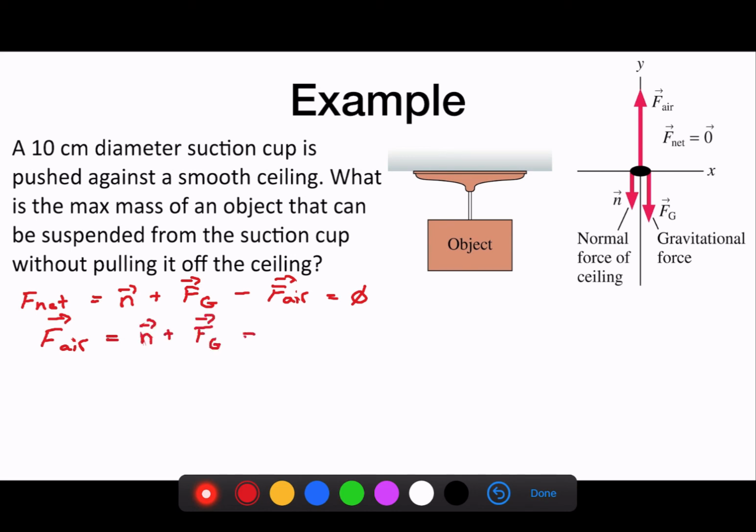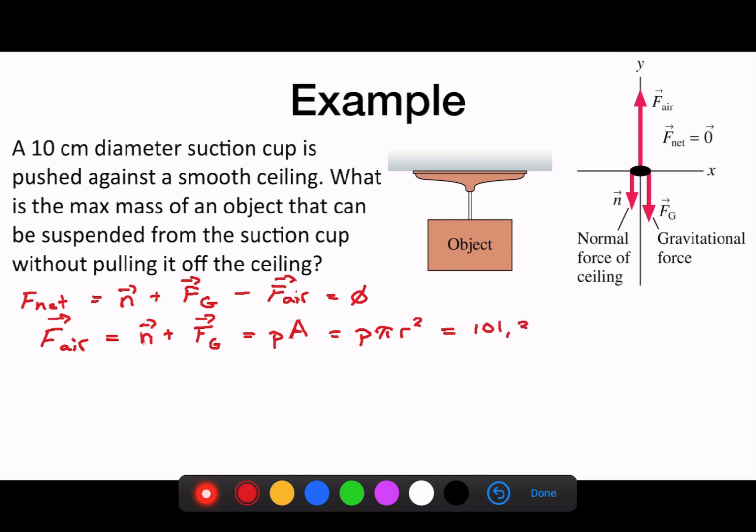That force of the air is equal to the pressure times the surface area. The surface area is going to be pi r squared, where r is 5 centimeters. And the pressure is the air pressure around us. Again, it's not specified, so we're going to assume 1 atmosphere.